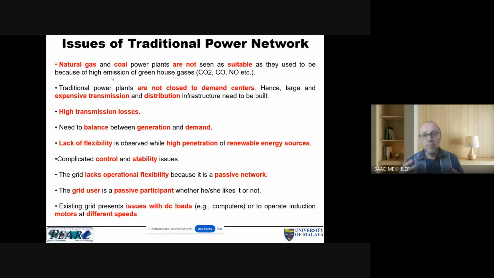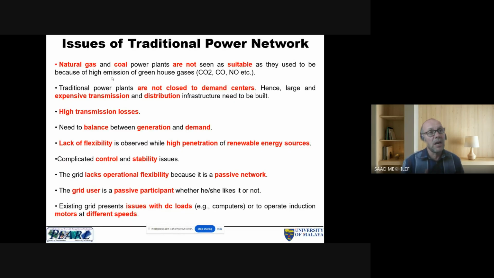These are the main three sources. Sometimes some countries have some nuclear, which is also considered part of the traditional, and some have traditional large hydropower. But mainly the three components are natural gas, coal, and oil or petrol.